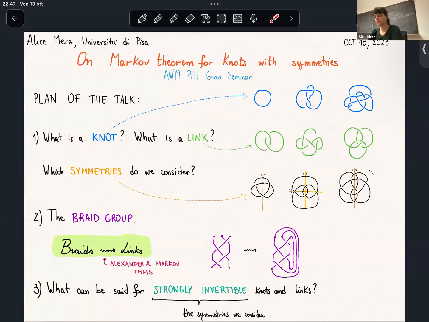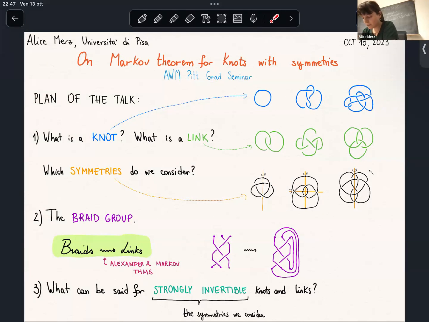So the plan of the talk will be to start with an introduction, where I will say what I mean by knot, what I mean by link, and what symmetries I consider. I will also say something about knot theory, what the aims of knot theory are, and what the normal problems are that we deal with in knot theory.